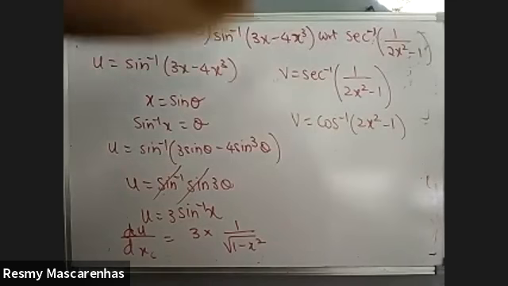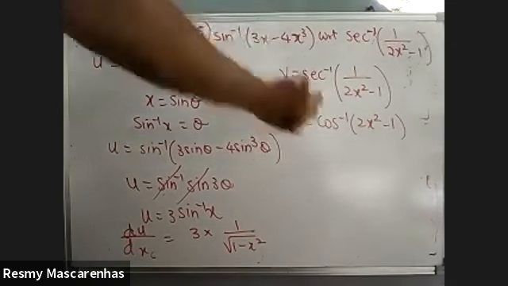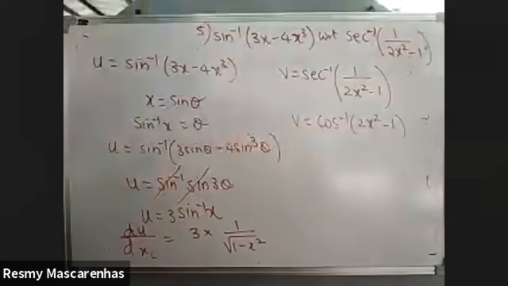Now see, cos inverse is outside. Somehow I have to make a substitution in such a way that I get the answer in cos. So you have to try to recollect the formula which comes in terms of cos.